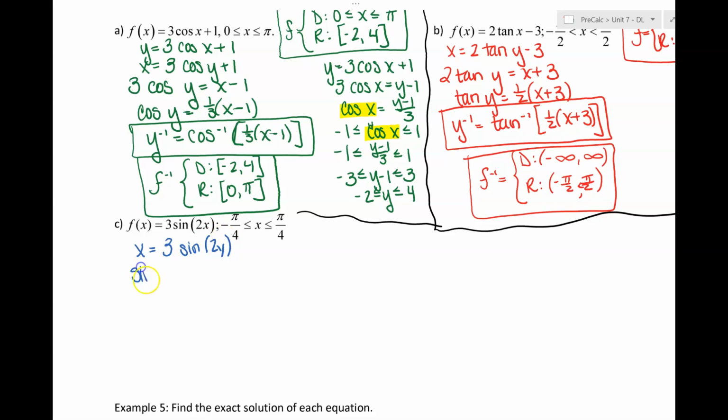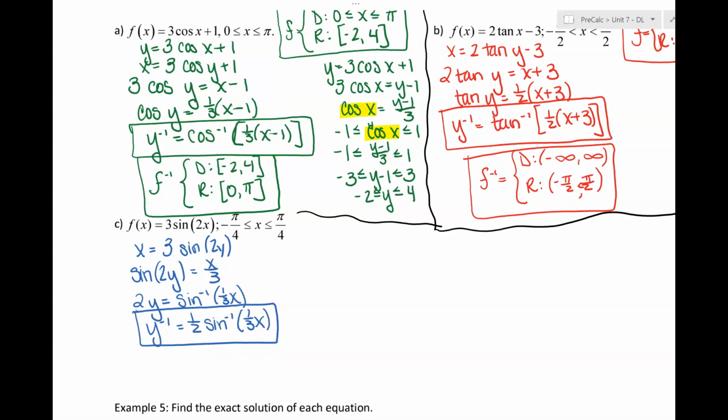So we have the sine of 2y is equal to x over 3. It's 1/3 times x. And then I'm going to take the inverse of sine, because it's the only way I'm going to be able to move sine to the other side. And then I'm going to divide by 2. So the inverse function is 1/2 inverse sine of 1/3 x.